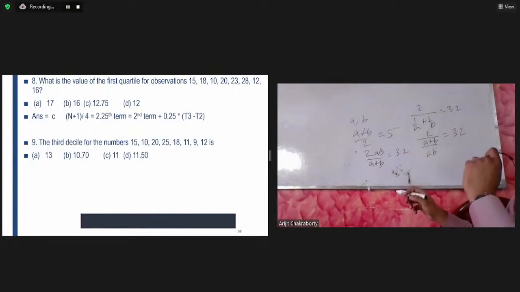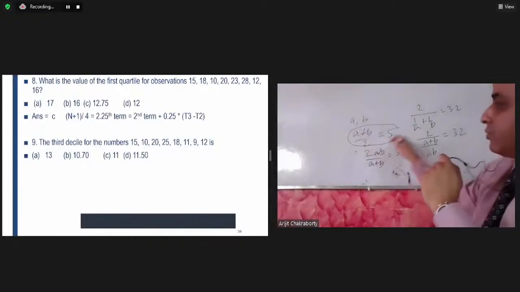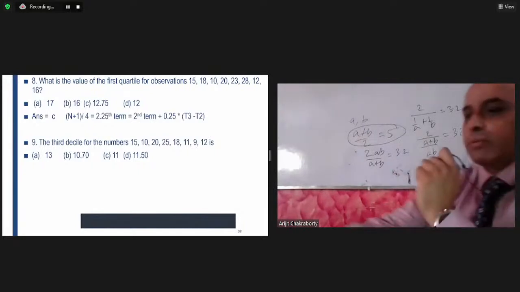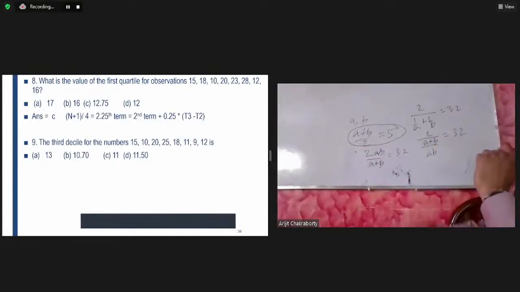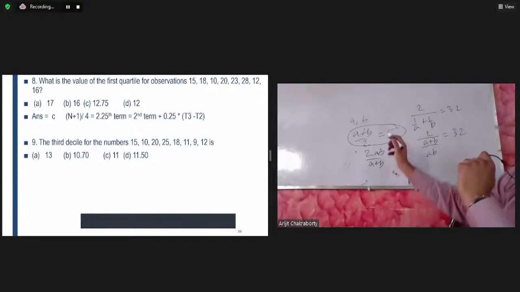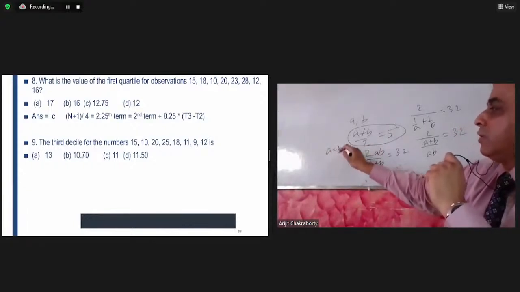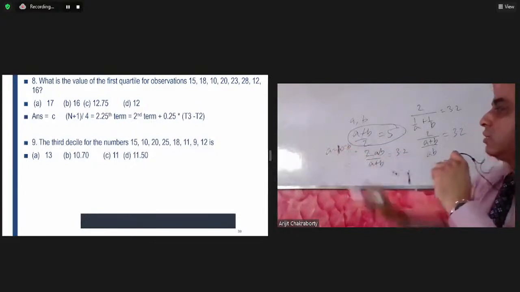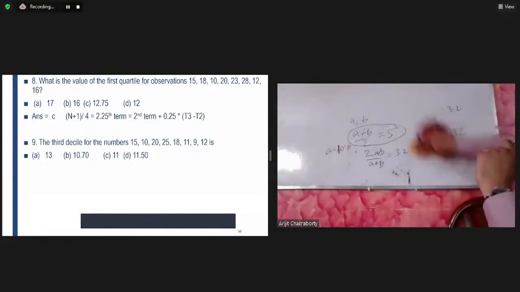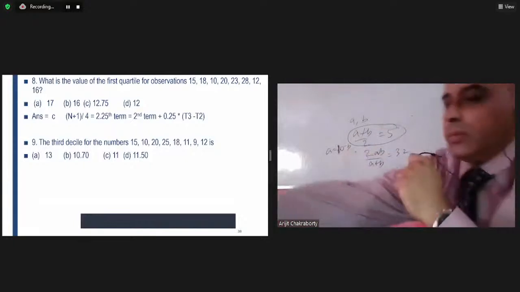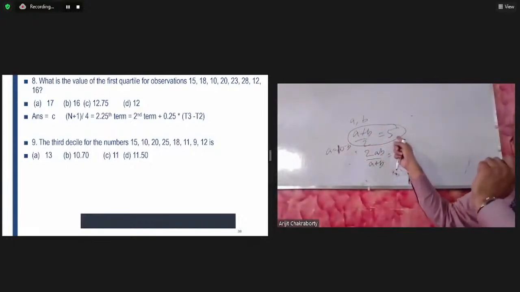So I can keep it here, and from here you can get the value of A and put it here. Basically, it will be a quadratic equation. So we are getting two equations, A plus B equal to 10. So A is equal to 10 minus B. You can just use this A equal to 10 minus B and put it in this equation.